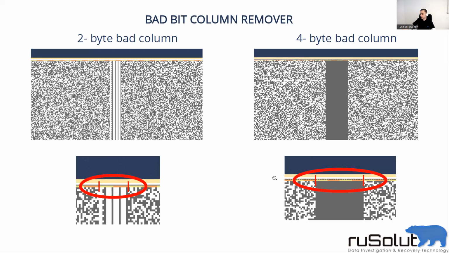Here, it is clearly seen that bad bytes columns are in the dump, and you can see that they can get a different shape. They can be like FFs or something like you can see in the left part of your screen.